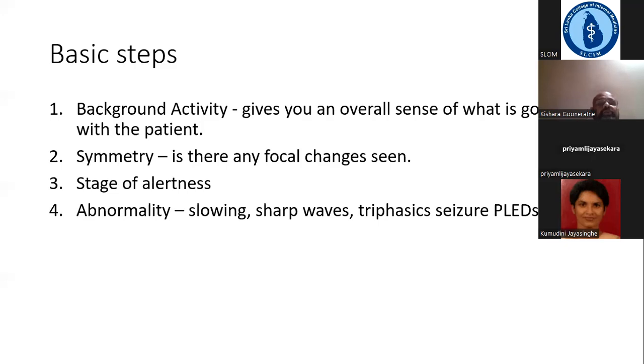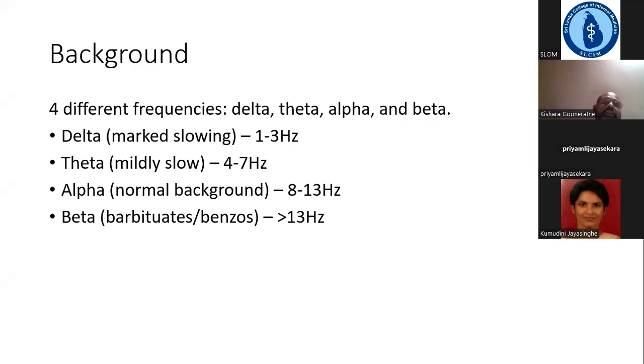Right. Before we talk about what is abnormal, we should know what is normal in an EEG. Generally, we look at the background frequency, the average frequency that this EEG would have.